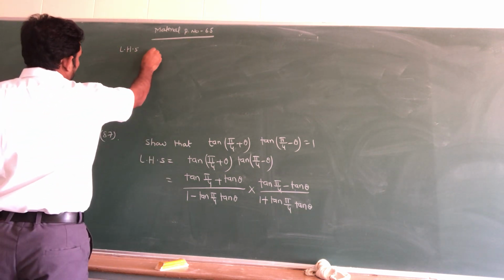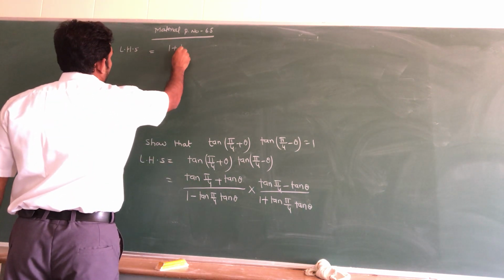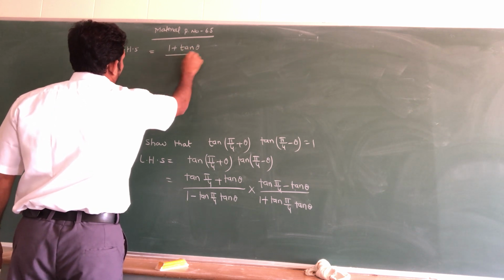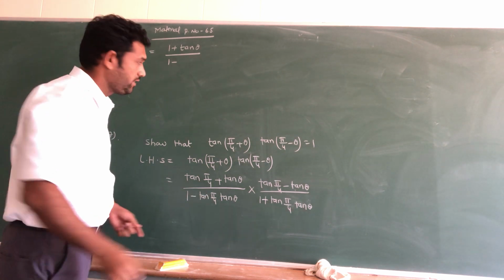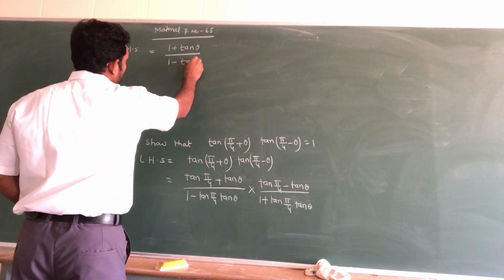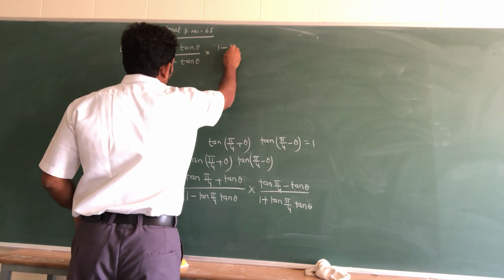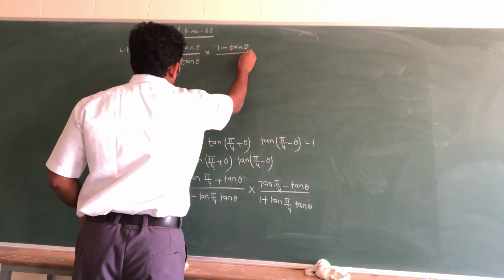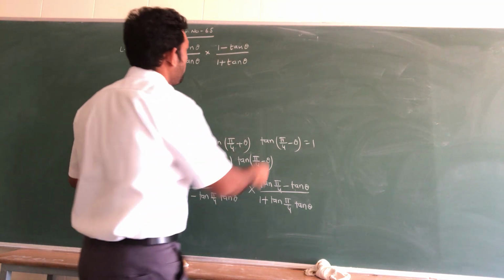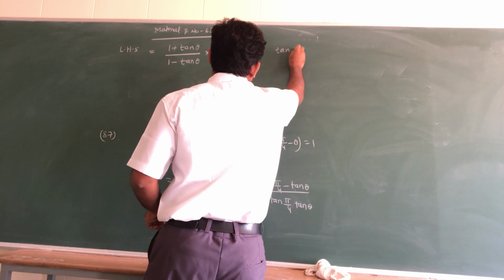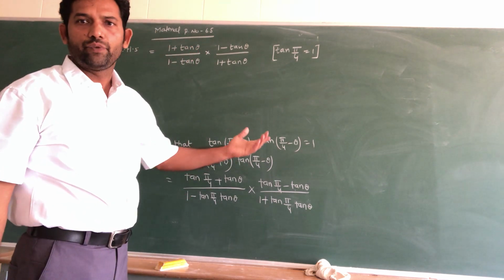So the LHS value: tan pi by 4 value is 1, so 1 plus tan theta divided by 1 minus, since tan pi by 4 is 1, 1 into tan theta means tan theta, into 1 minus tan theta divided by 1 plus tan theta. We substituted tan pi by 4 equal to 1, and we are getting this value.